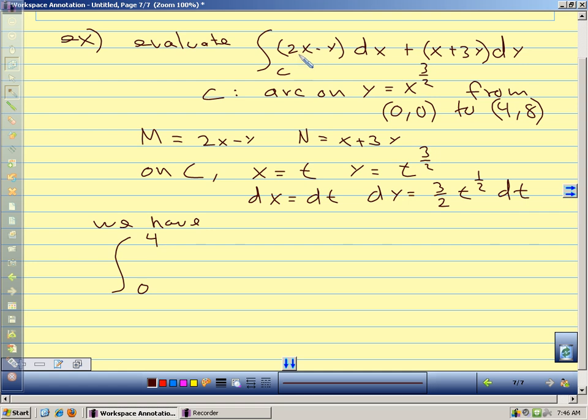We have 2x minus y, so that's 2t minus t to the 3/2 times dx, which is dt, plus, and here we have x plus 3y, so we have t plus 3t to the 3/2 times dy, which is 3/2 t to the 1/2 dt.